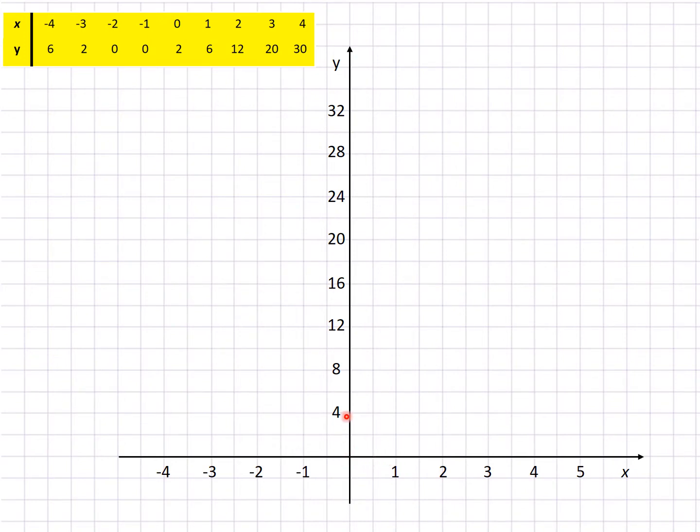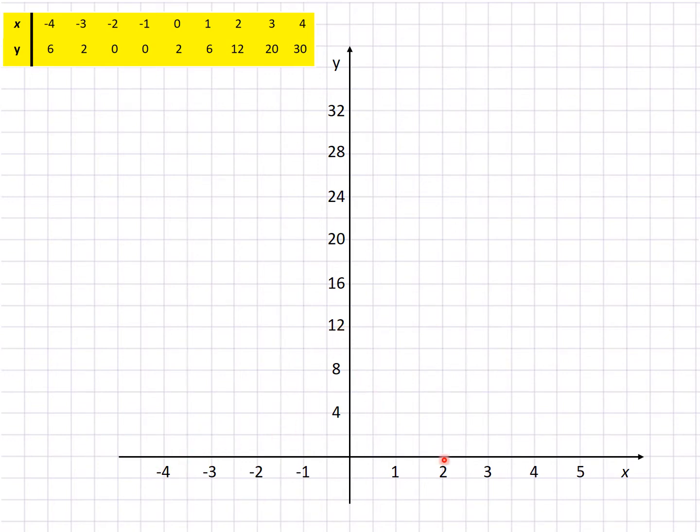Similarly, if the scale going up the y-axis is from 0 to 4, 2 squares equals 4 units, 2 squares, another 4 units, 2 squares, another 4 units. So scale your axes accurately.